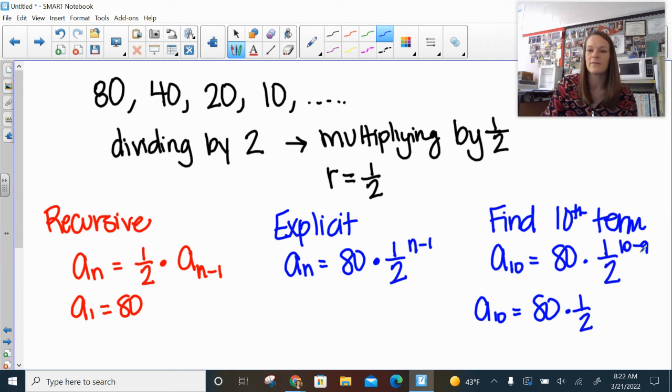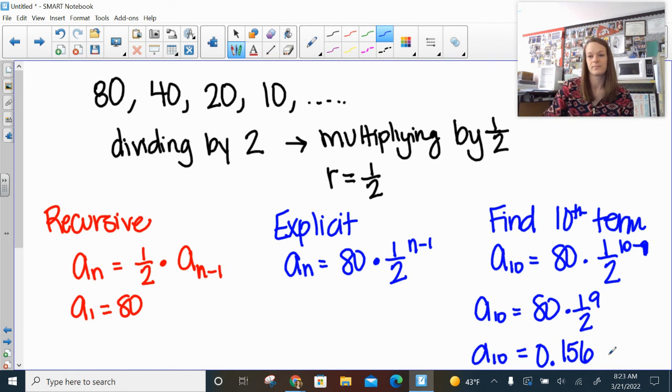I meant to put a 1 here, not a 9. 10 minus 1 will be 9. So it's going to give you a very small decimal value here. So 80 times a half to the 9th power gives you 0.1, we'll just say 156. Okay, we'll just round it to there and leave it there.